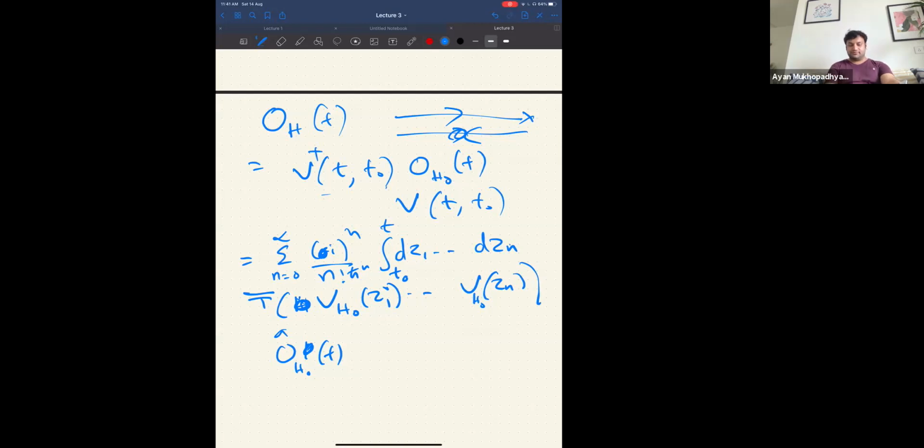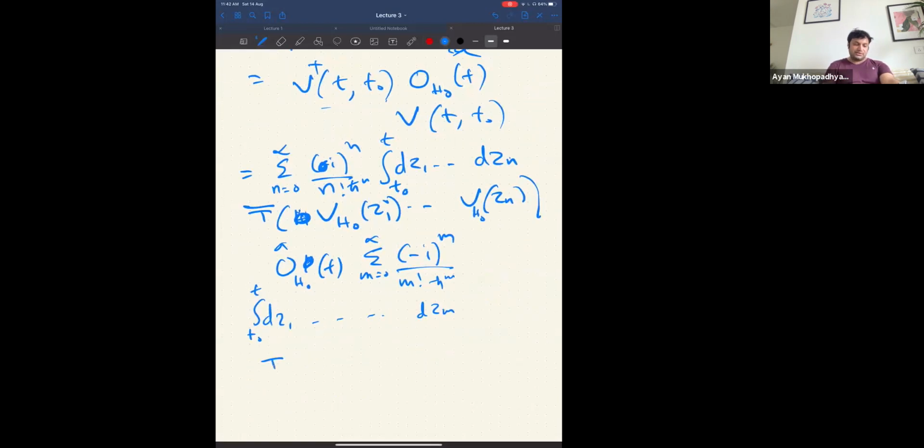I simply take the dagger of the expression that gives me V. And then this would be sum m equals 0 to infinity, now minus i to the power m by factorial m, h bar to the power m, integral d tau 1 through d tau m, which goes from t naught to t, now time ordered product of V(tau 1) to V(tau m). Okay, I just simply unfolded this expression and written this.